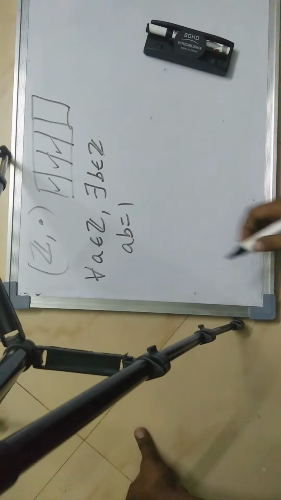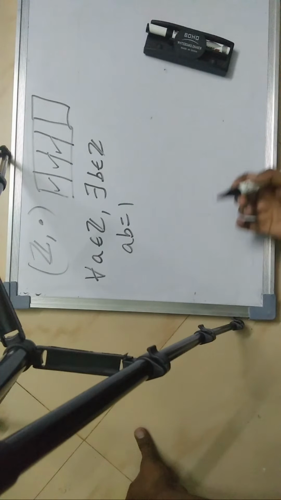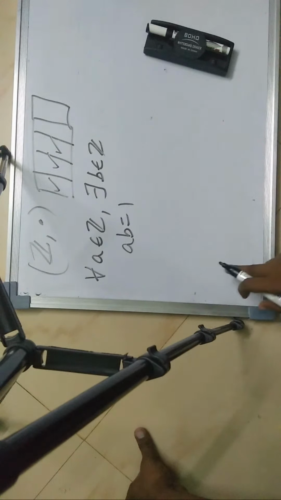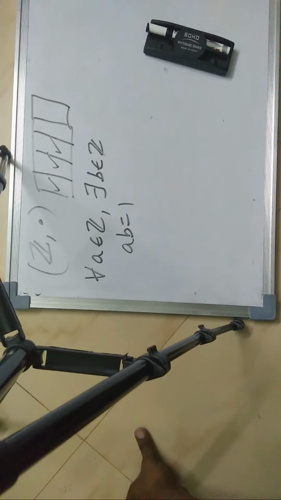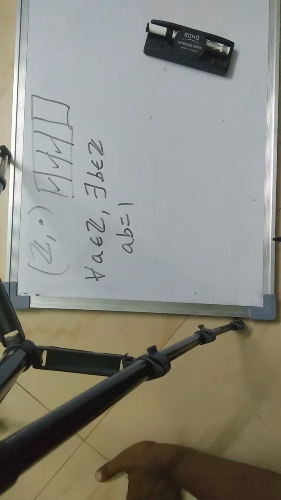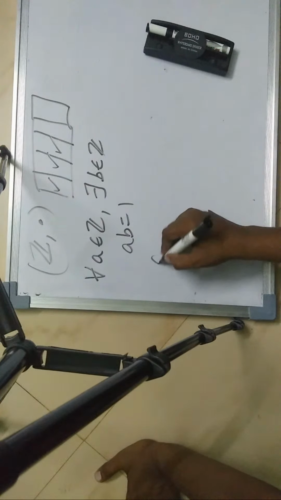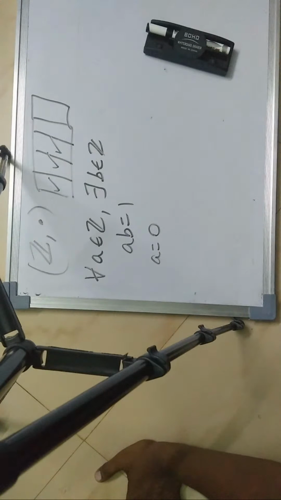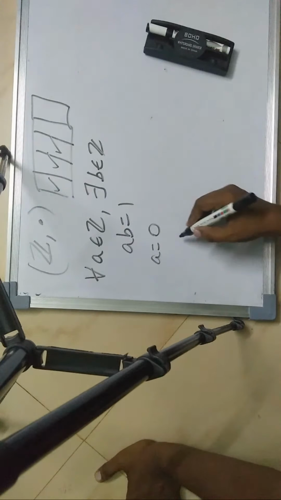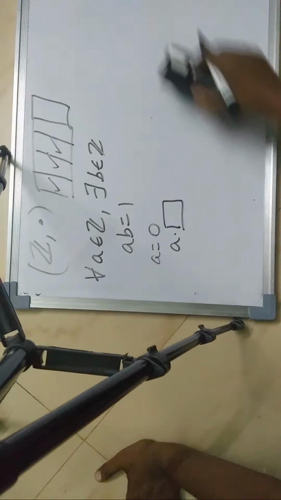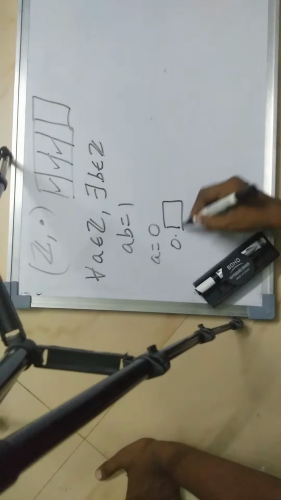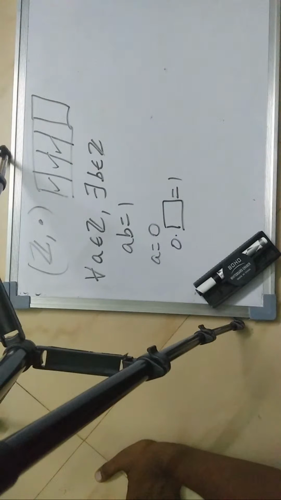So for this to be satisfied, given any A in Z, you need to find another element B in Z such that AB must be equal to 1. So if we take, say for example, A to be 0, can you find one element such that 0 into it becomes 1?